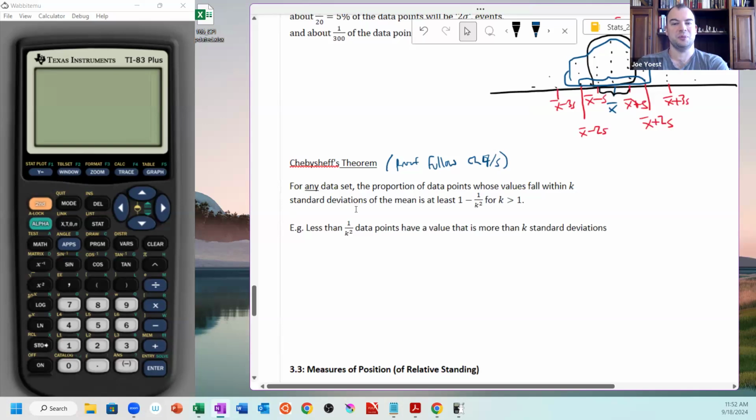For any data set, the proportion of data points whose values fall within k standard deviations of the mean is at least 1 minus 1 over k squared for k bigger than 1. Or in other words, less than 1 over k squared proportion of the data points have a value that's more than k standard deviations from the mean.